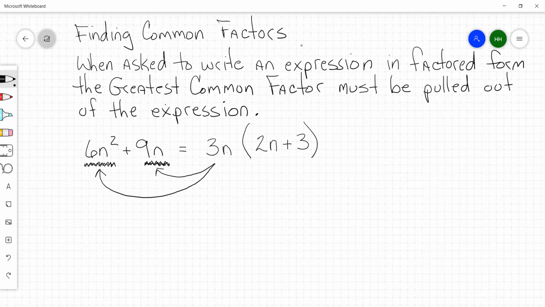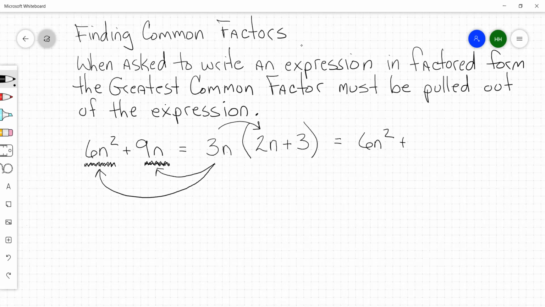Now, the way that you check your factors is to do the distributive property, or to multiply again. So if you took 3n times 2n, you would get 6n squared.